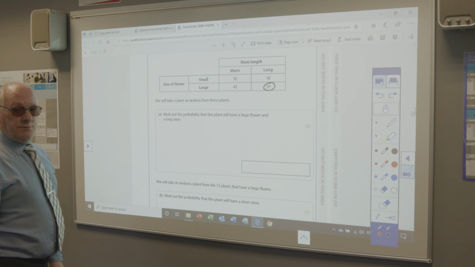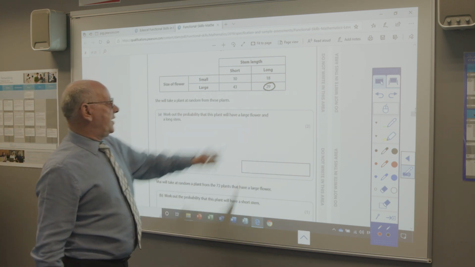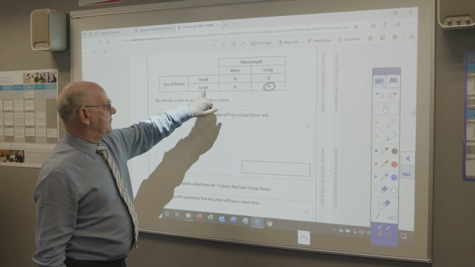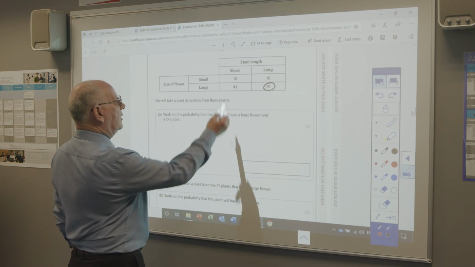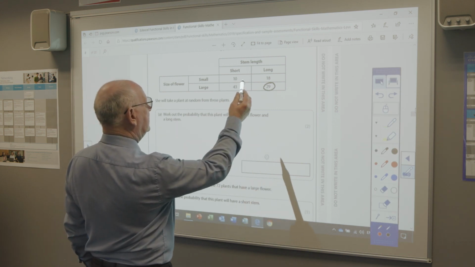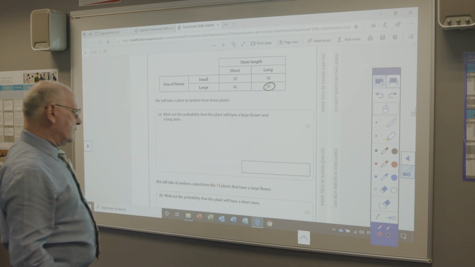There's 29 altogether that she could pick. Large flower, long stem. There are 53, 68, 71, 91. There's 100 flowers altogether.